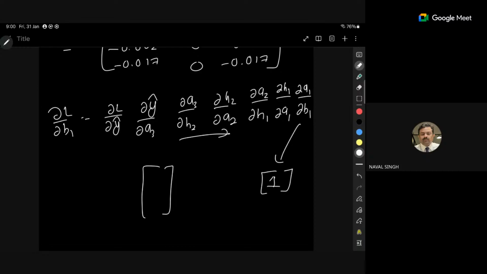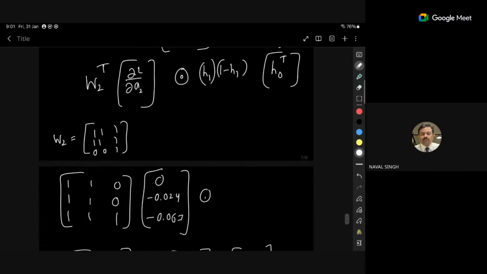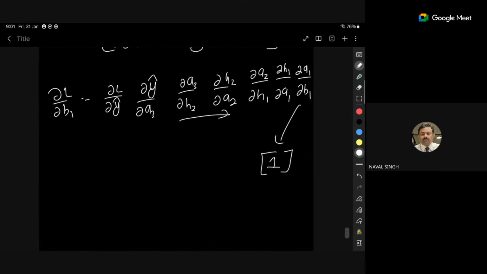I think that's the last question in the practice assignment. This is del L by del W1, which is the most complex one because it depends on all. If we make one simple calculation mistake in one, the entire thing goes wrong. But the computation of del L by del W1 is as simple as del L by del W2, if you have done correctly the part that was required here.